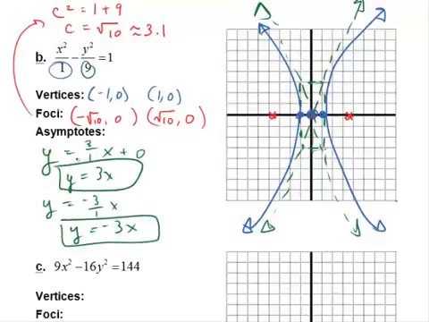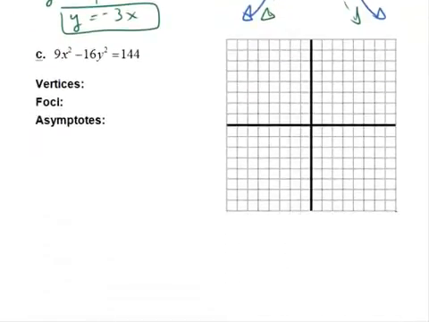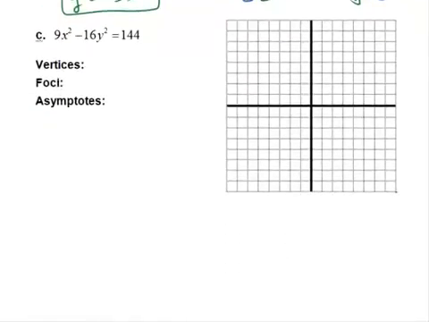So these are your asymptotes there. When you have equations that are not set equal to 0, like this one, you have to make sure that you divide everything by the outer number to get it into standard form. So this cancels. We're going to have x squared over 16 minus y squared over 9 equals 1.